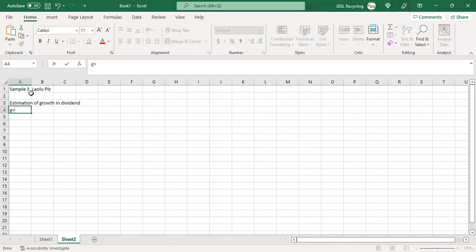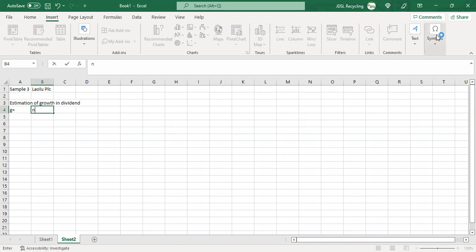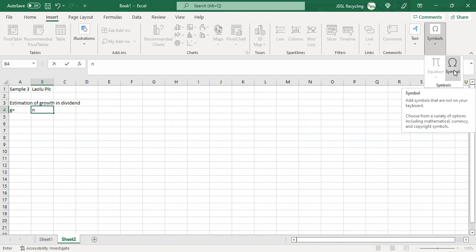G equals the Nth root of the latest dividend, which is your current dividend, divided by the base dividend, minus 1.